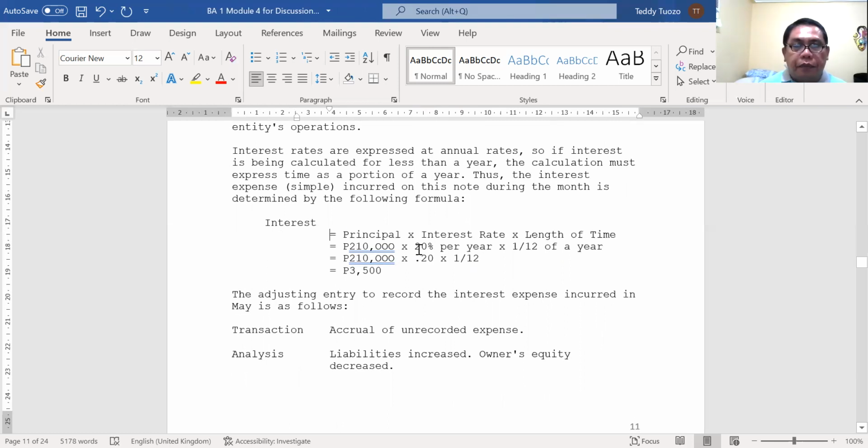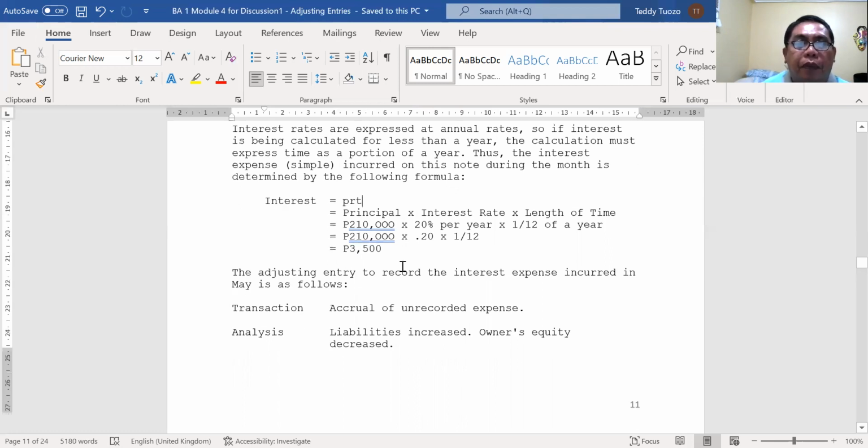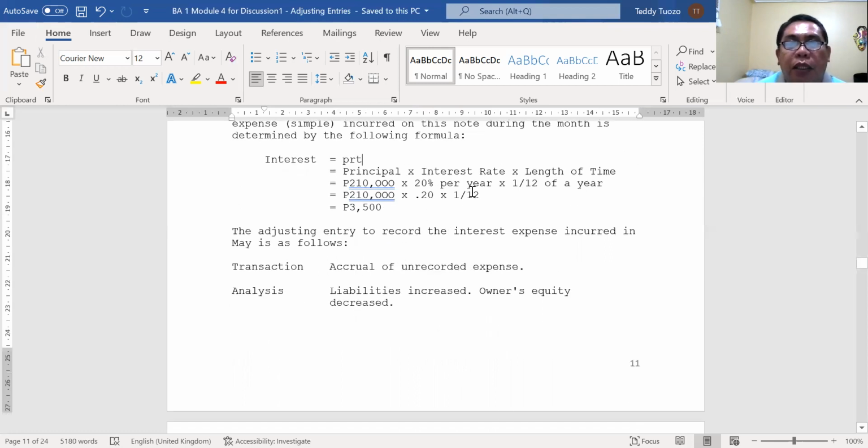So PRT, principal, rate, and interest, and time, I mean. So that is principal times interest times time. Okay? So 210 times 20% per year times 1 over 12.